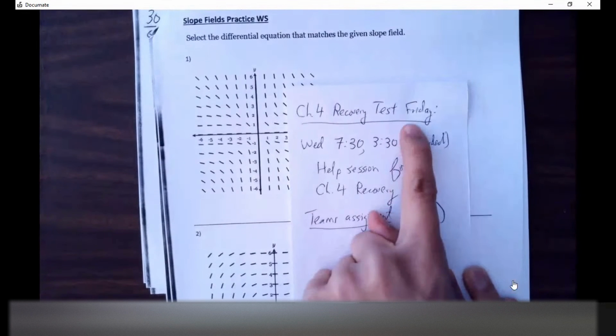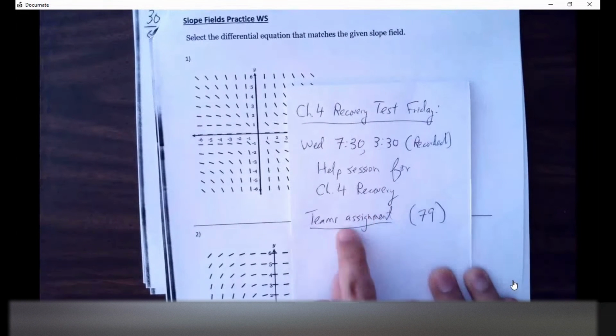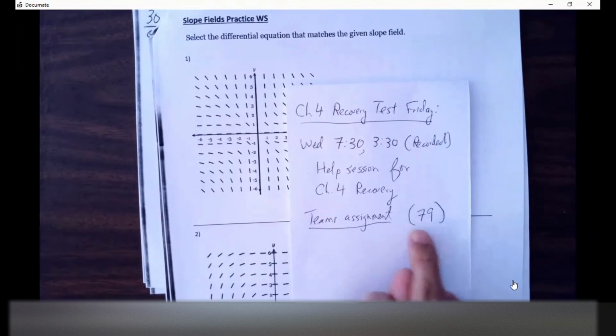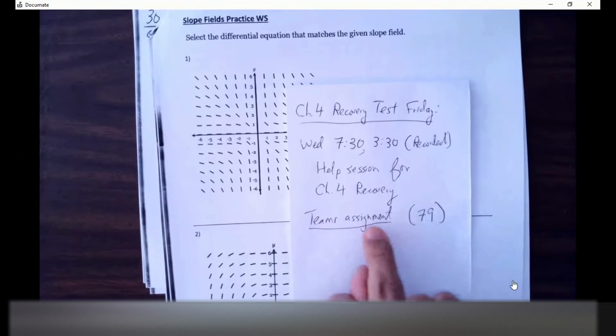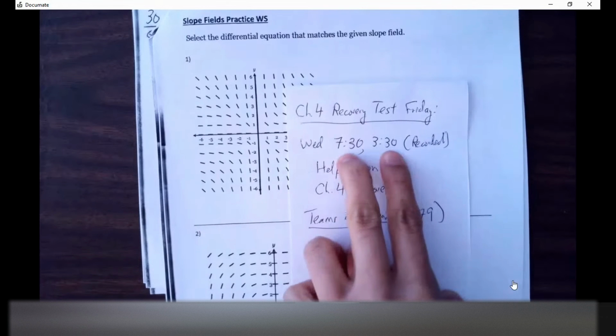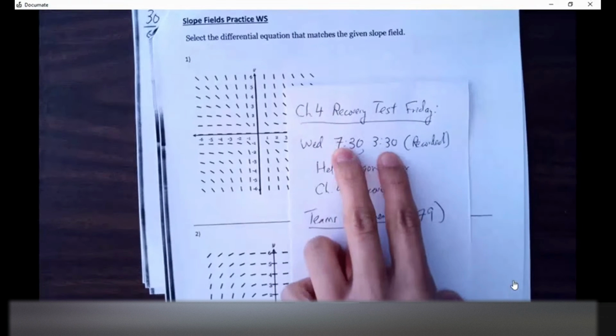And last thing I want to talk about is test recovery. So chapter 4 test recovery, right now I have it set on Friday. I sent a Teams assignment with details. I pushed it out to everyone. So if you want to recover your grade up to a 79, you can do the assignment that goes along with the Chapter 4 recovery. I'll have a help session tomorrow morning at 3:30. It'll be recorded.